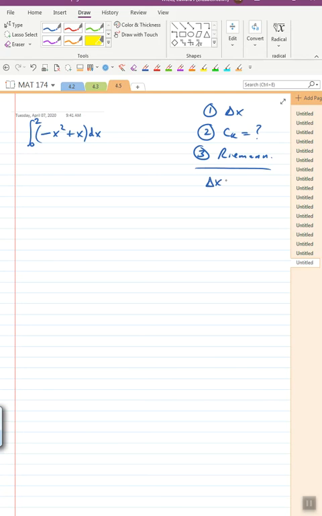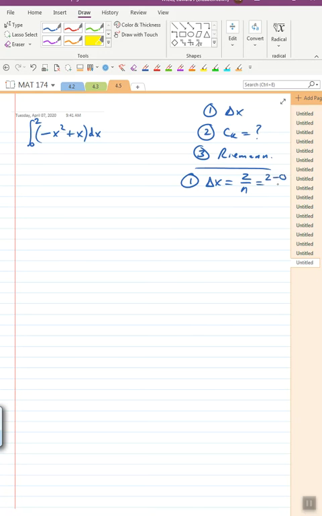So I guess first of all we figure out the delta x, which would be, would it be 2 over n? Yep. Everybody okay with that part?